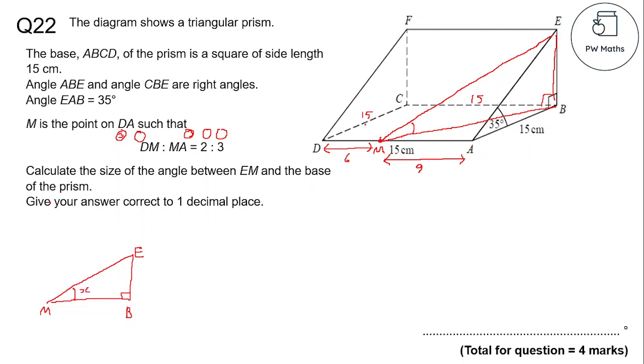To work out EB, first of all, I'm looking at EB thinking, is there another right-angled triangle that involves that? There is a nice right-angled triangle here. EBA. So I'll have a quick sketch of that as well. The right angle being at B. I know AB is 15, it says that on there. It says that this is 35 degrees.